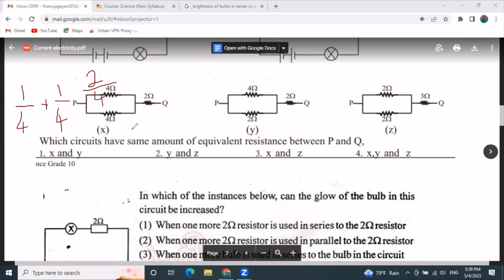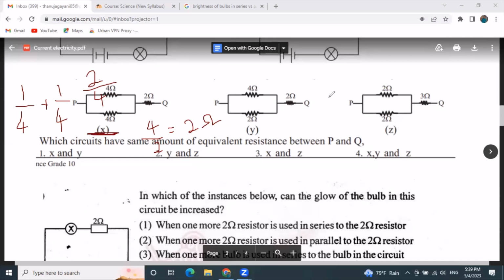Accordingly, to find the correct value, we should take the reciprocal again. We should change the denominator and the numerator, giving 4 over 2, which means 2 ohm. Accordingly, between P and Q the resistance value is 2 ohm. So the first answer X is correct.